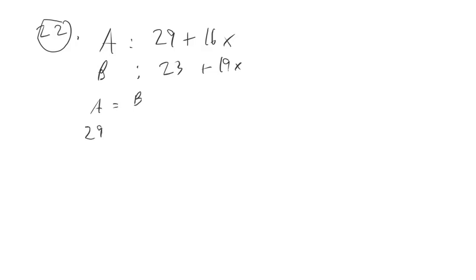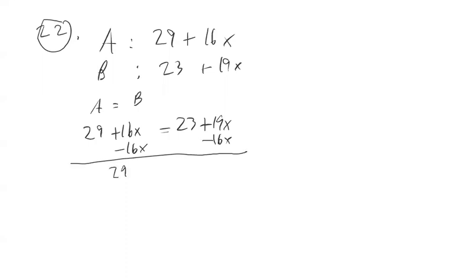So when will 29 plus 16x equal 23 plus 19x? First I'll subtract the smaller one, the 16x, from both sides. Then I'll get 29 equals 23 plus 3x.